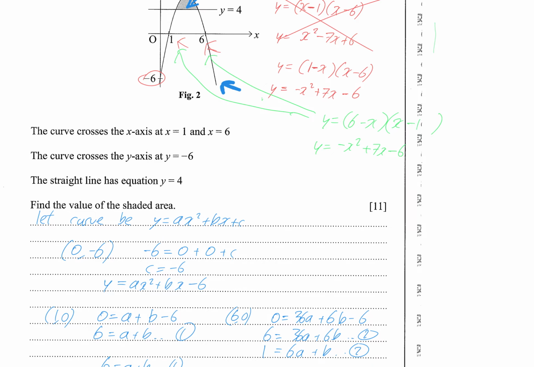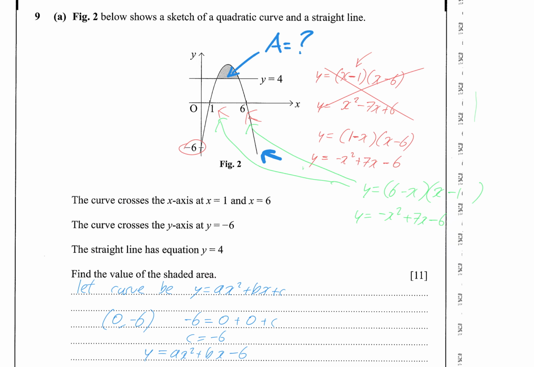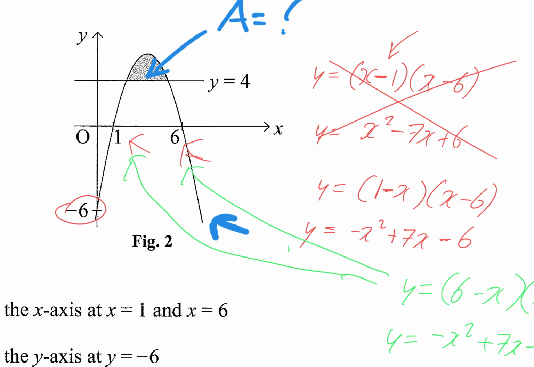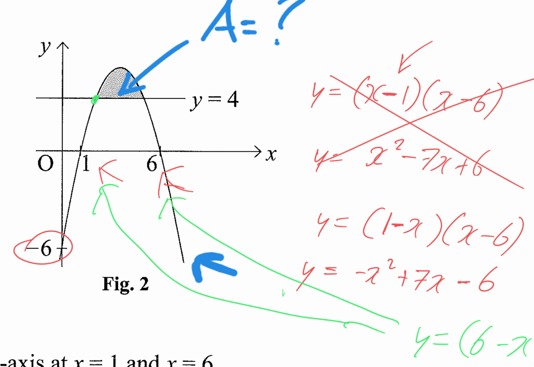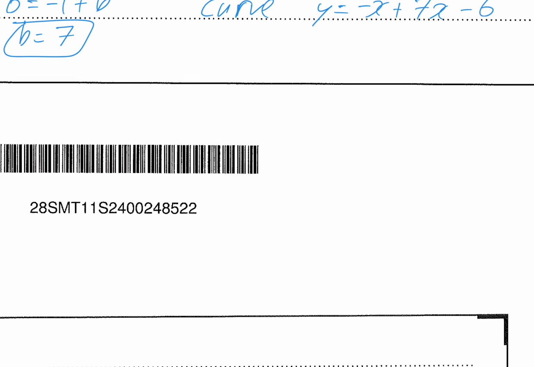Right, all we have done is get the curve, so that's what our curve is. You then want to see where this curve crosses your line, y equals 4, so we need to see what these 2 points are. So we're just going to put the curve equal to 4.